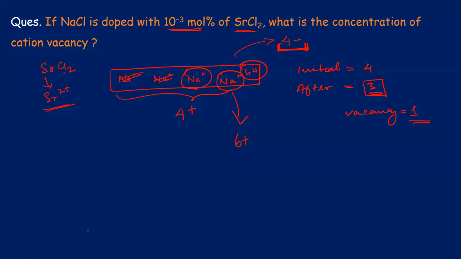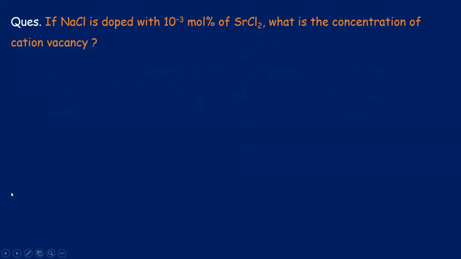Now, I have shown you how this happens, but you can also think of a formula in order to do this very algebraically. The number of cation vacancy is equal to the difference in magnitude of cationic charge.